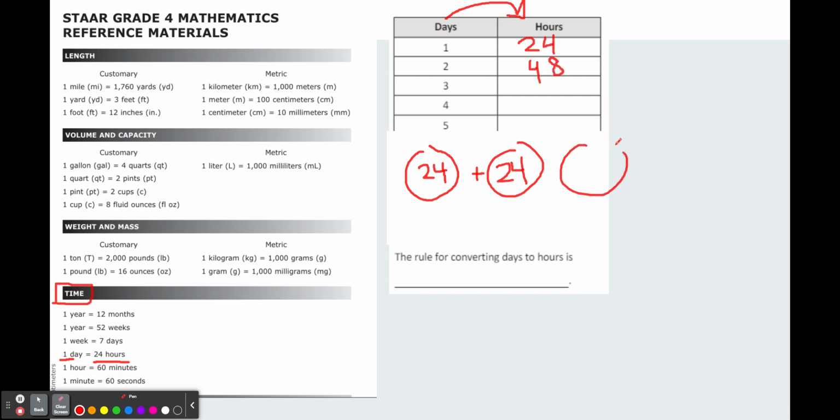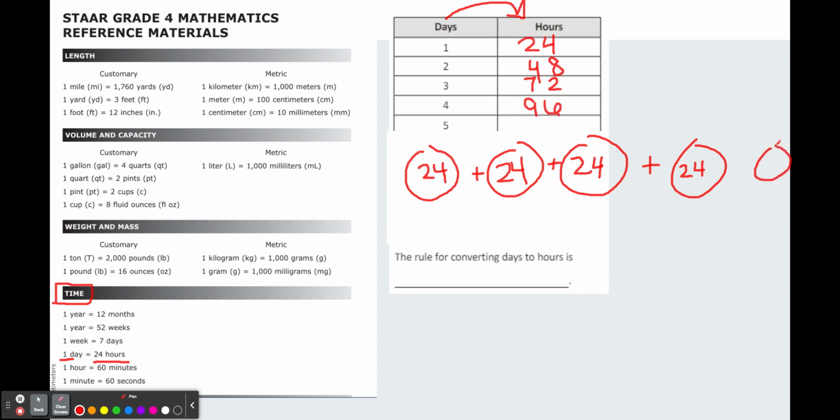If I have 3 days, that gives me 72. If I have 4 days, that gives me 96 hours.